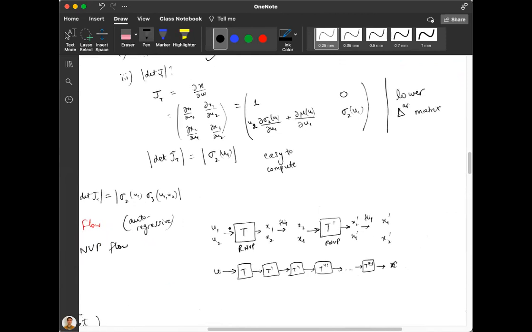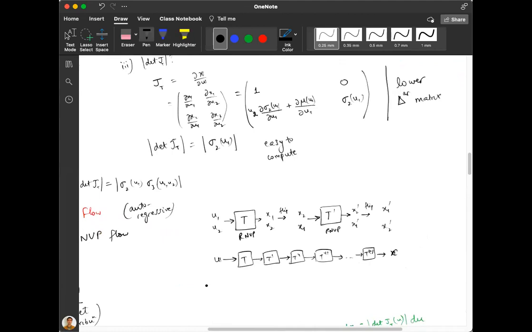Yeah, first you apply it in this way, then you flip the two and then apply in this way, then again flip, applying. So maybe you may have to do multiple layers, but that's also very easy.